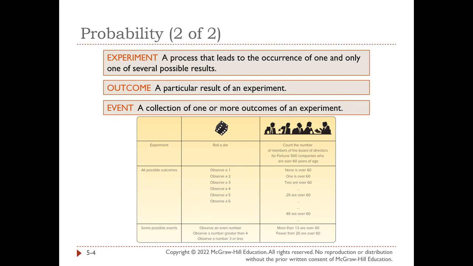Since 3 out of 6 are even, there's a 50-50 shot. Could actually be greater, could be less. Observation of a number greater than 4, the probability is a little bit lower, but during our experiment, it might actually be higher, depending on the die. And observing a number 3 or less. So, just a matter of how the die will roll.